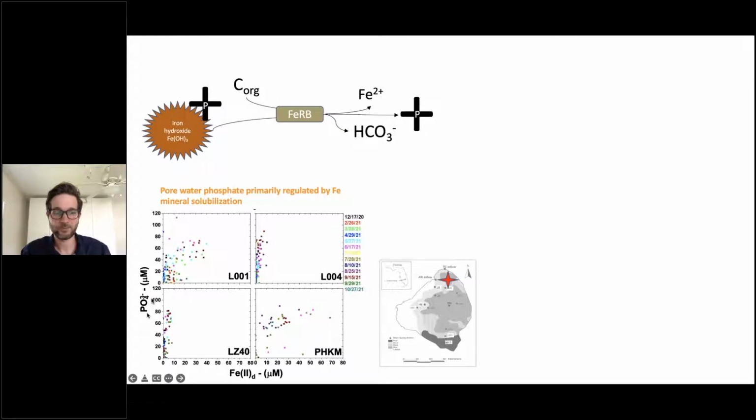This is in contrast to previous work. Actually, when we're doing this high temporal resolution work, we can pick up on more patterns. We do see a correlation between this reduced iron product and this phosphate that accumulates in the pore waters, but it is a site-specific ratio, so that may have something to do with the actual phosphorus loading onto these iron oxides.